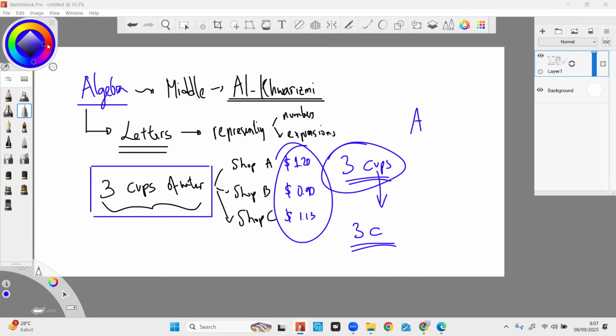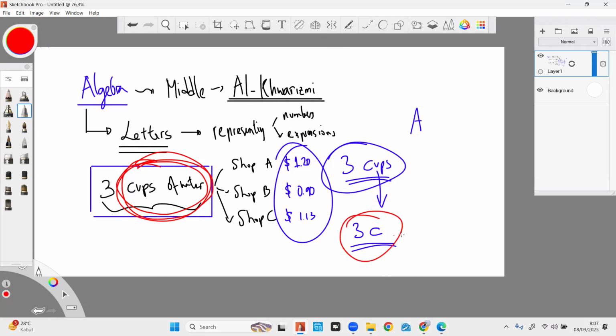So we try to simplify the units or the symbols or the variables to a simple letter. This is called basic algebra. You try to simplify the price, simplify the number, right? You are no longer using numbers for a while, but we are using variables.